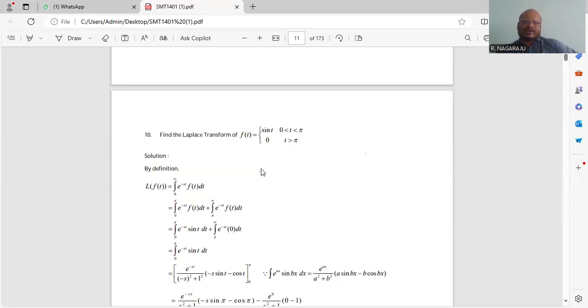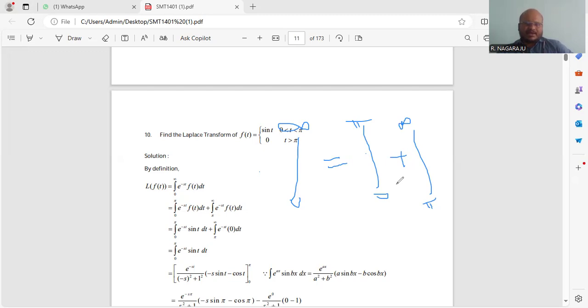So here the limits are 0 to infinity. You can split 0 to infinity into 0 to pi and pi to infinity. From 0 to pi the function is sine t, and from pi to infinity the function is 0. So we will get that.